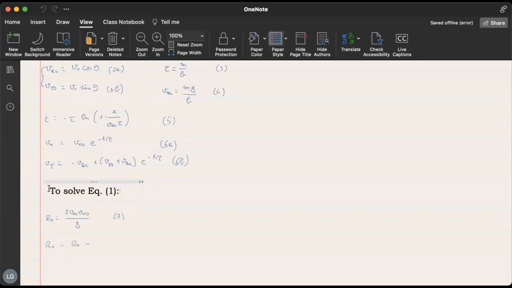R0 minus 2 divided by, well, let me make this nicer, three Vx0, and then I have, well, just tau.